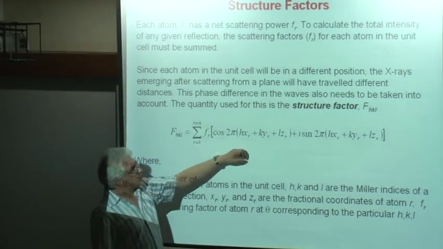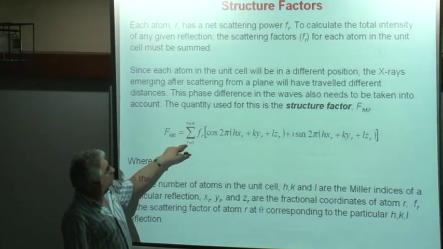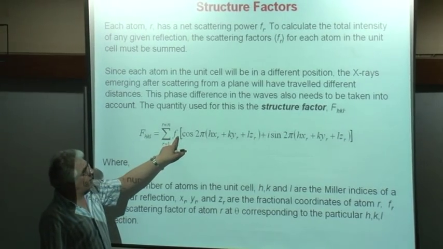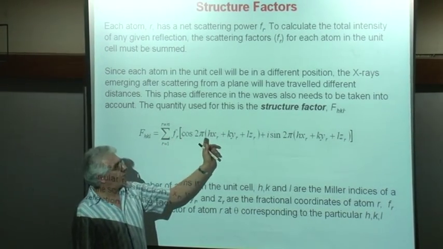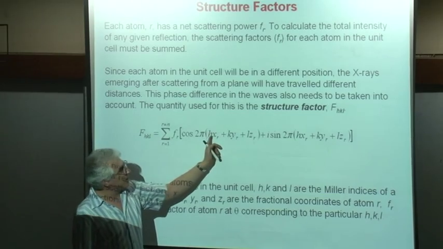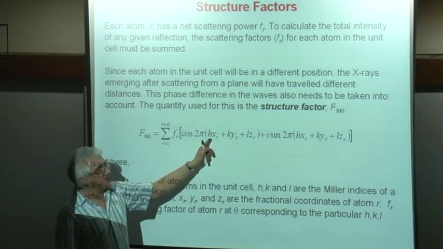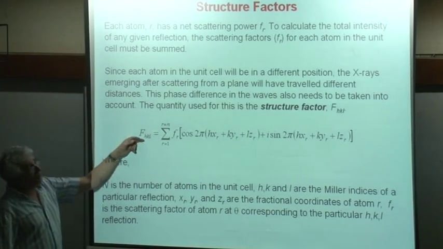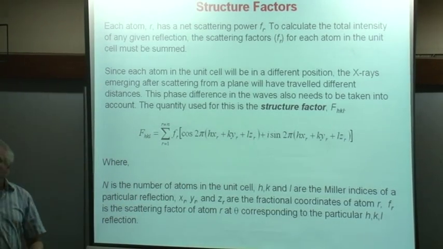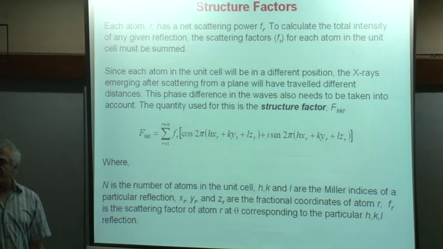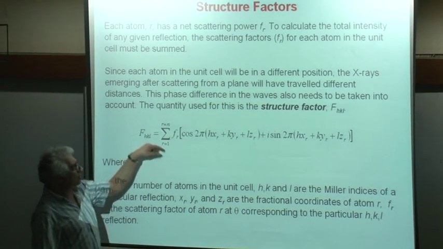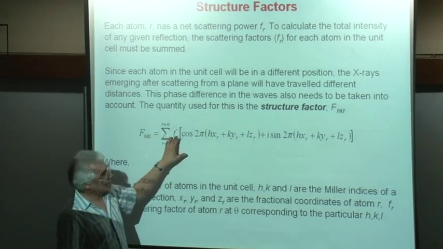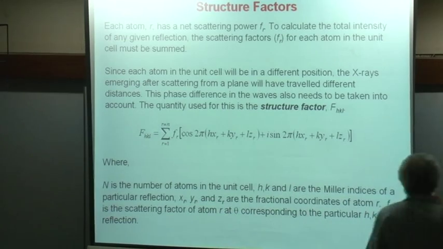So for a crystal structure, this structure factor is related to the scattering factor f multiplied by this function of the Miller indices h, k, and l, and the atomic coordinates x, y, and z. And you sum that over every atom in the unit cell. So this is a sum from 1 to, if there are 10 atoms, 10 atoms.